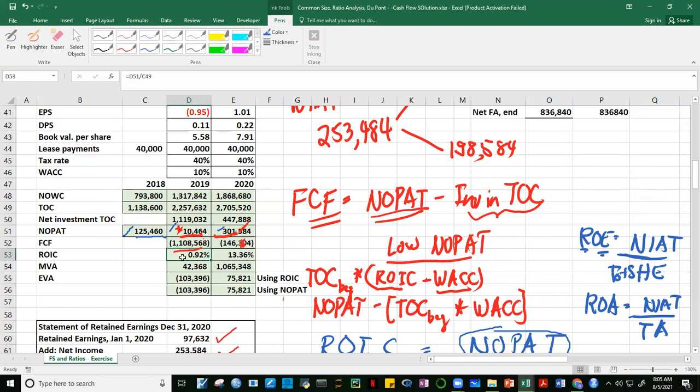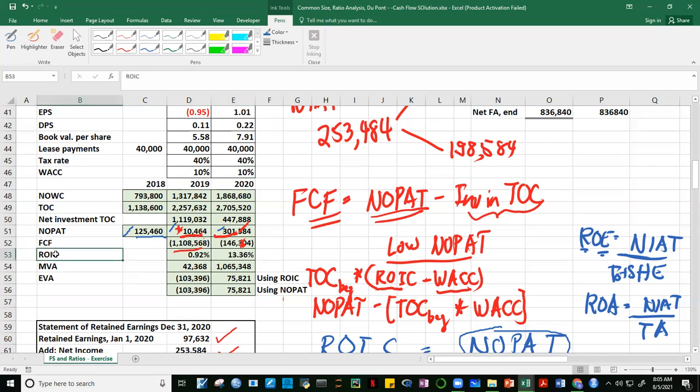In this case, 0.92 versus 10%, we conclude that value was destroyed. For the company to create value, the return on invested capital should be greater than the weighted average cost of capital. For 2019, value was destroyed, but for 2020, it bounced back: 13.36% ROIC is greater than 10%. Therefore, value was created.